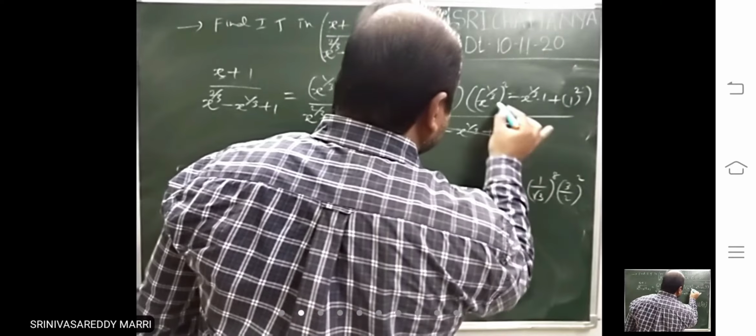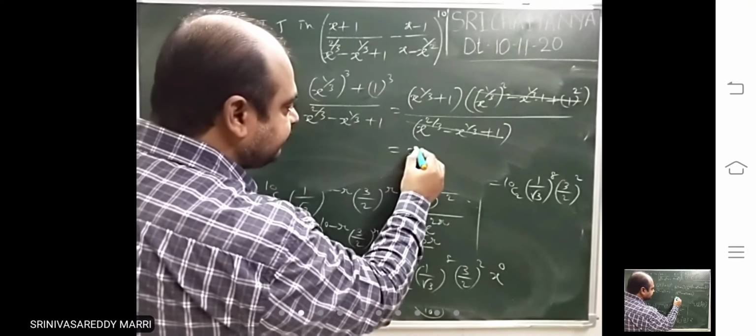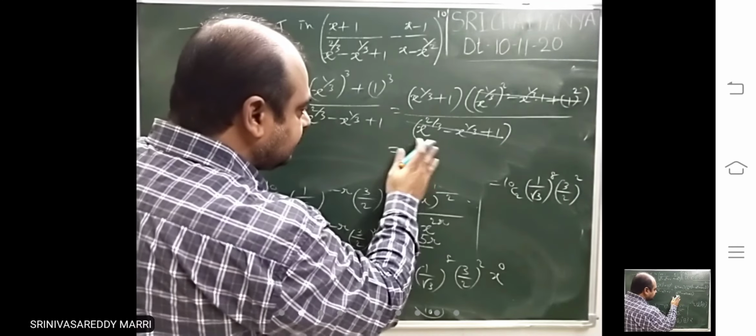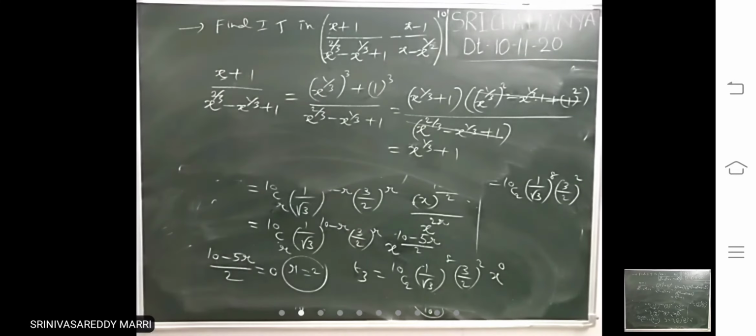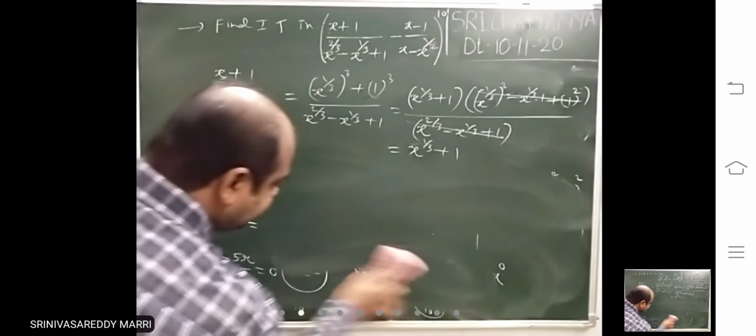So this term and this term will get cancelled. That means that expression is nothing but x power 1 by 3 plus 1. Simplify that.